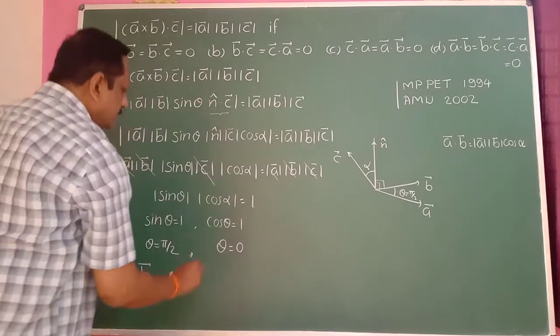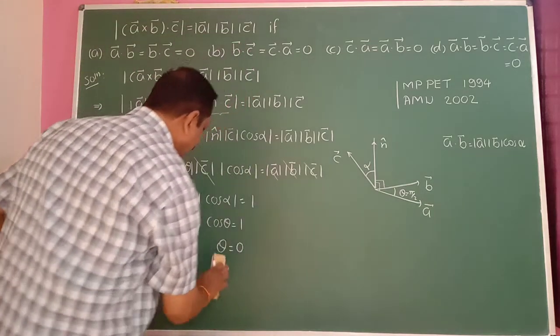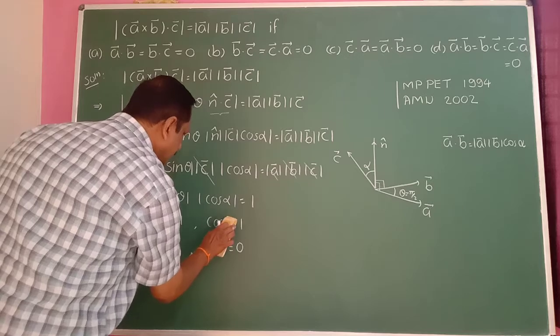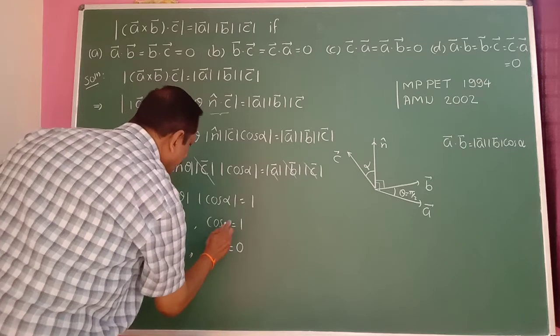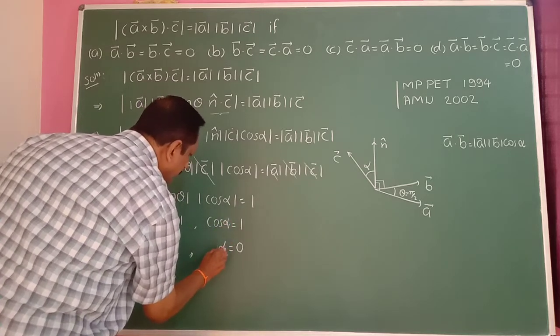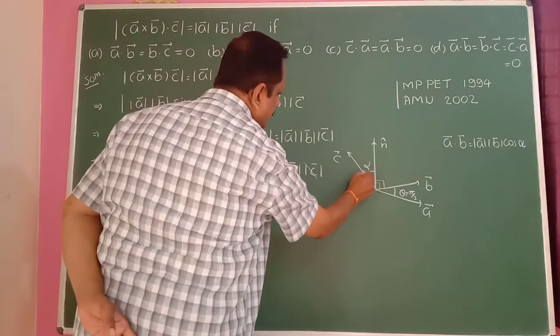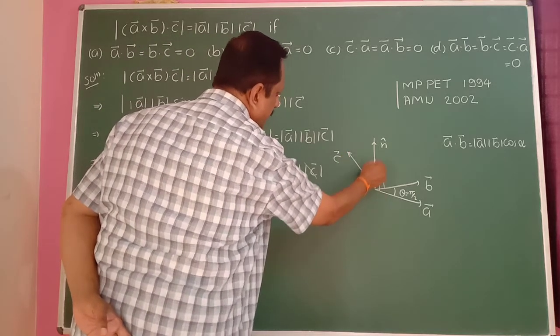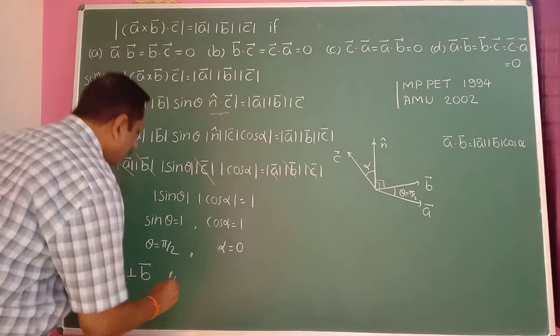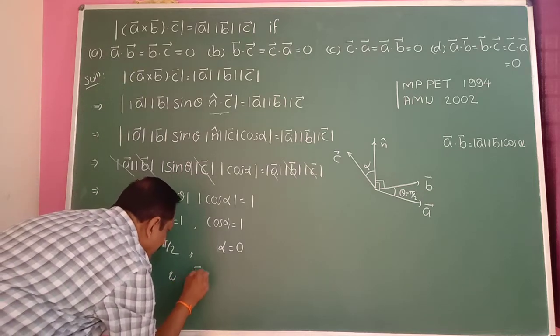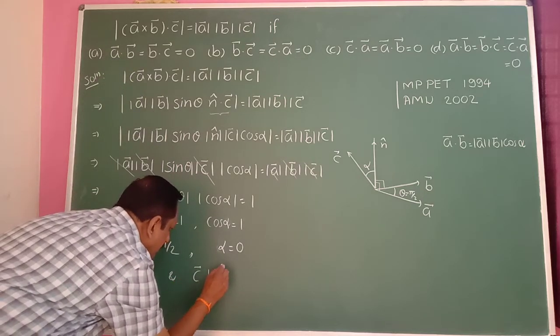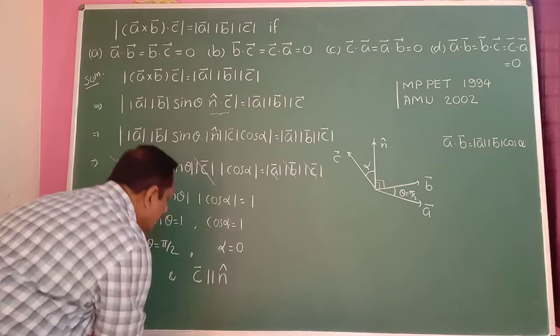And it is alpha here, not theta, in cos of alpha. So alpha becomes 0 means C bar coincides with n cap or is parallel to n cap.